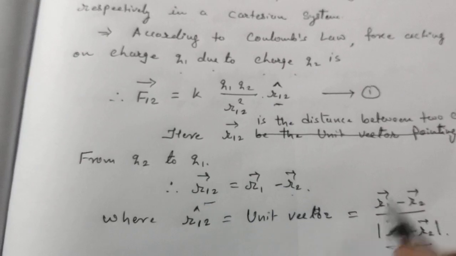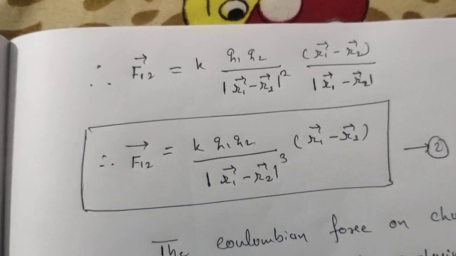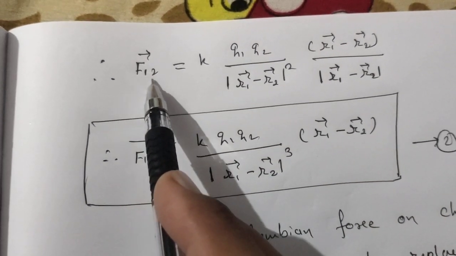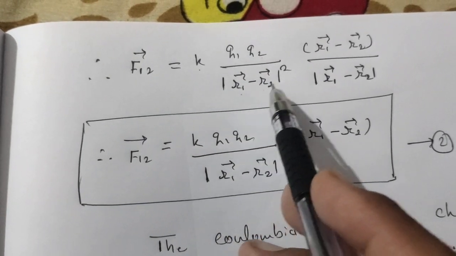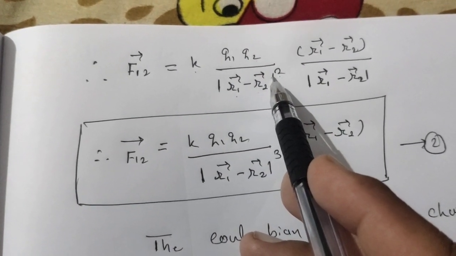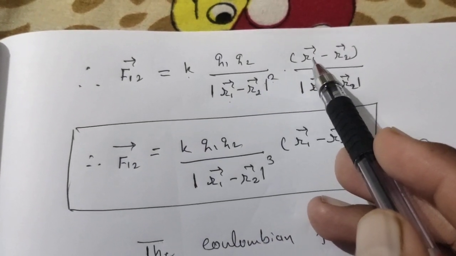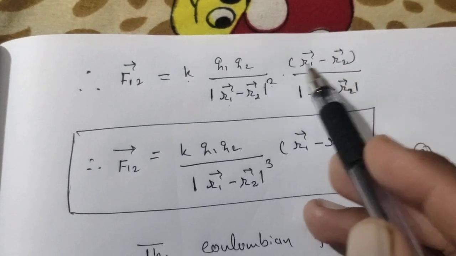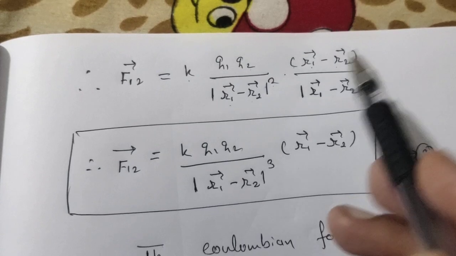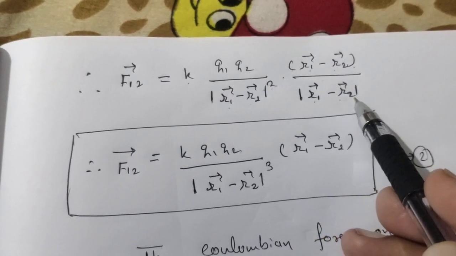By inserting these two values, we have force F12 equal to K into Q1 Q2 upon the magnitude of R1 minus R2 whole square. Here magnitude is compulsory. Into the value of unit vector, which is vector R1 minus vector R2, in brackets, divided by the magnitude of vector R1 minus vector R2.